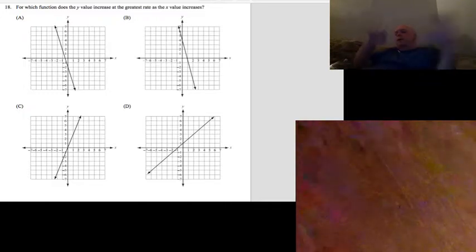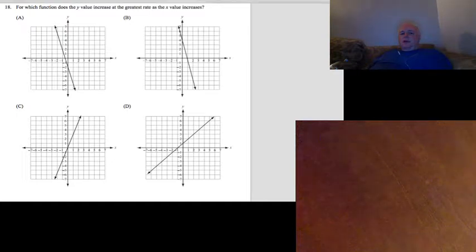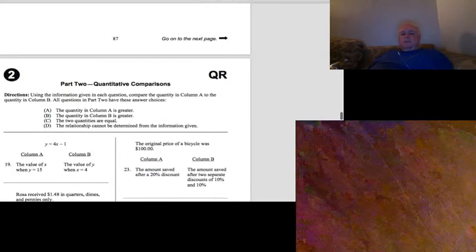They may not give you 4 graphs to compare. They might give you coordinates and ask which has the greater slope or which one's moving faster, and you have to deduce it all. All right, you never know what they're going to do with these questions. They can twist them into real cute kind of scenarios.